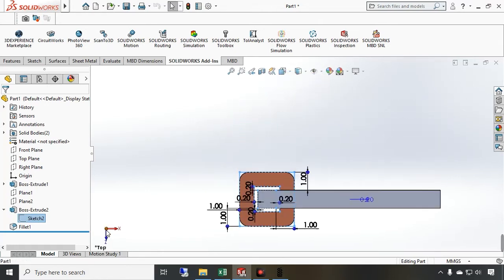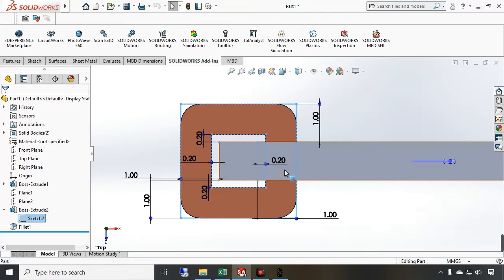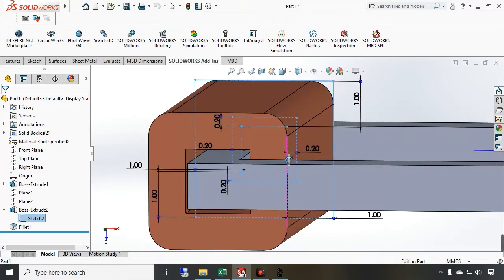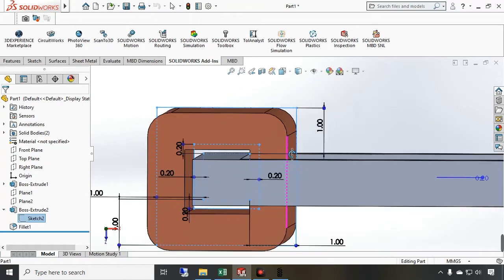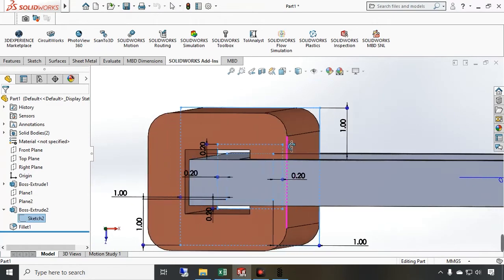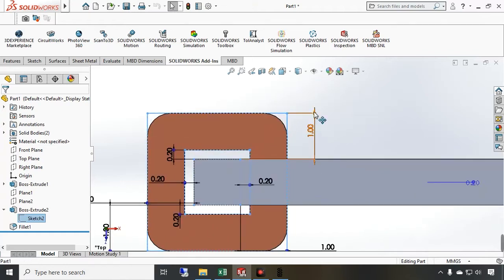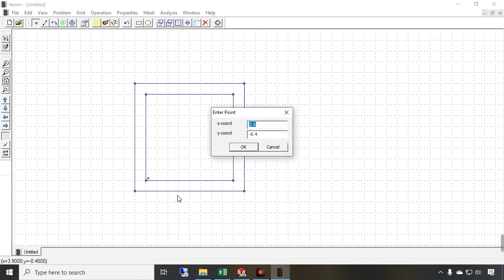Let me select this one. This is much better. This is the width of the coil. Actually, if you consider this dimension, the width of the coil is 1 minus 0.2. So I can press here and write 2 and 1.2.